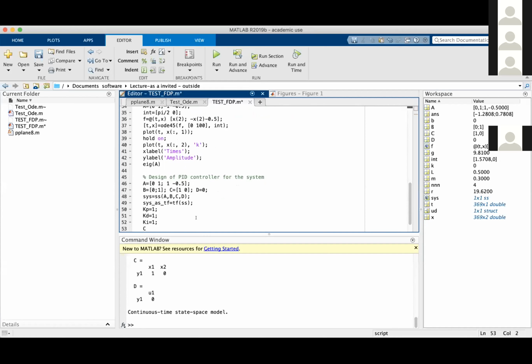Now the controller part, I'll call it CPID. If you put in the gains, you can automatically get the PID controller: first proportional, then derivative, and then integral, right?